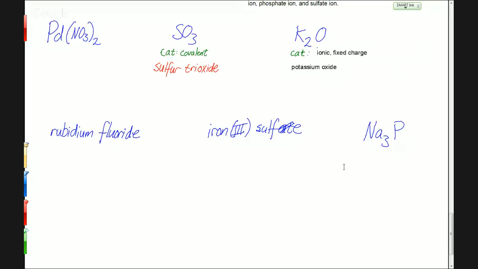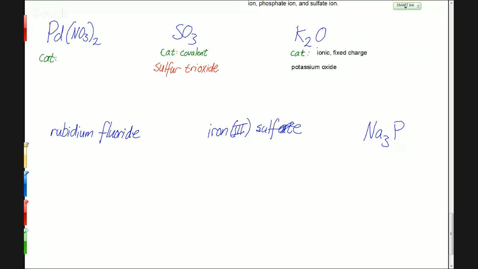All right, let's jump over to the one on the far left then, because I know that one gave everybody some trouble. Which category does this one go in? Right, Pd, palladium, is in the middle, number 46.